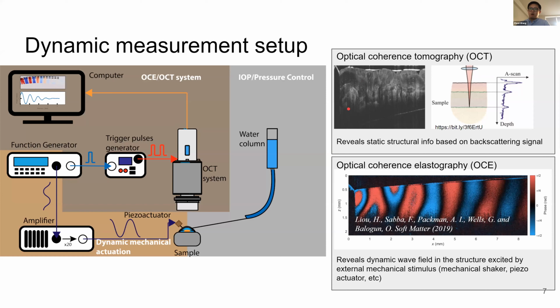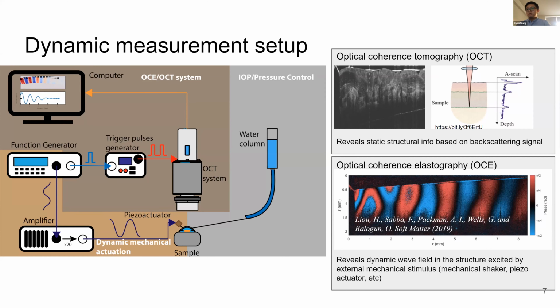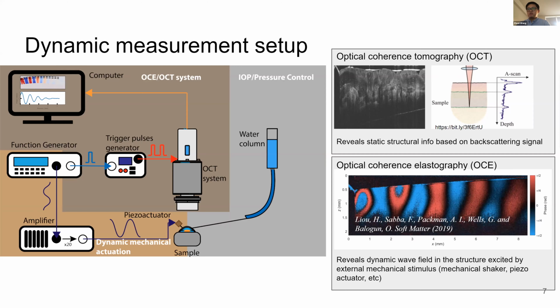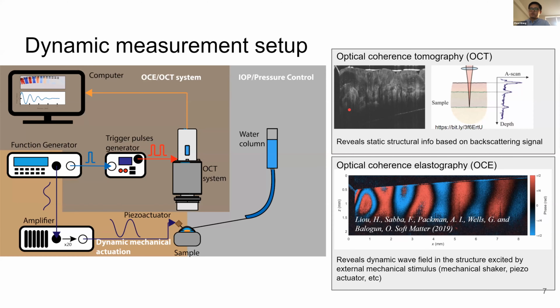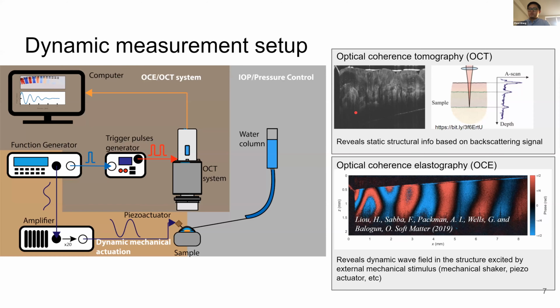For the OCE part, which is the optical coherence elastography, it's similar to the OCT, but this measurement reveals the dynamic behavior or the wave fields in the structure that are excited by the external source.